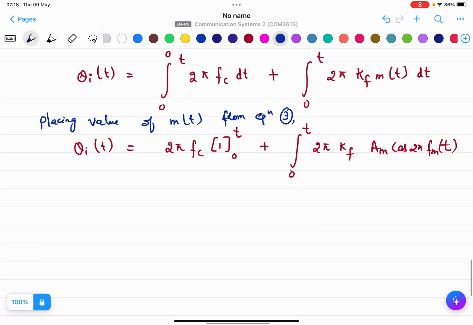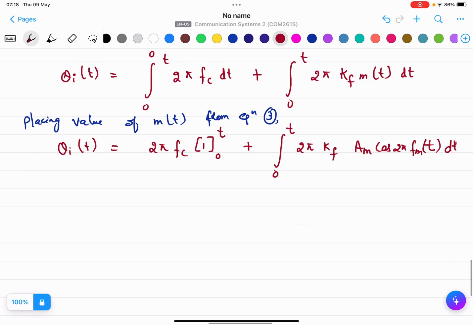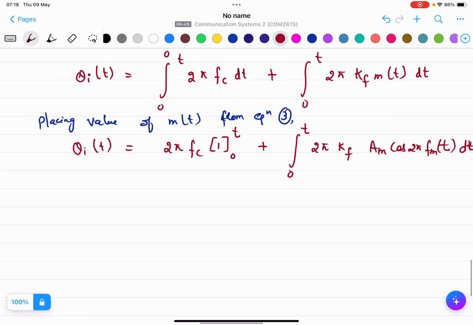Okay. And here it will be dt. It is just the same equation, 2 pi kf, 2 pi kf here. And then in place of m(t) I have written Am cos 2 pi fm t dt.